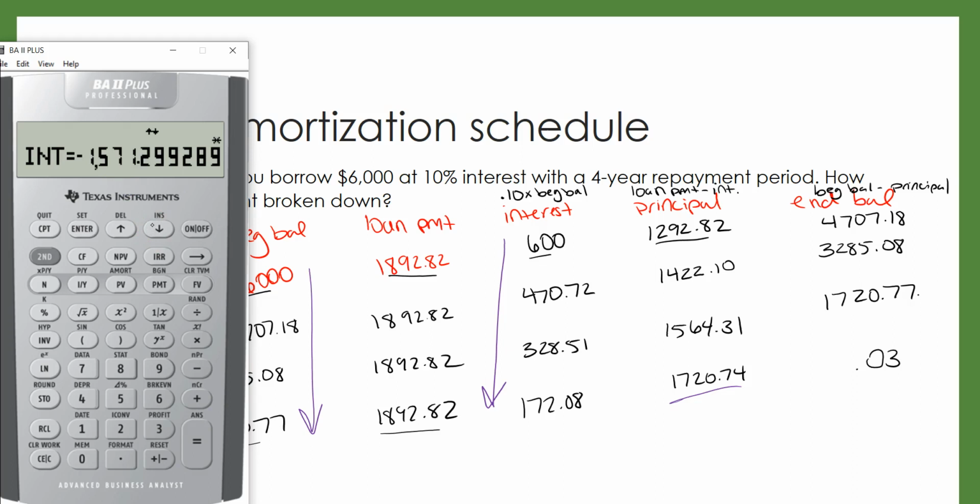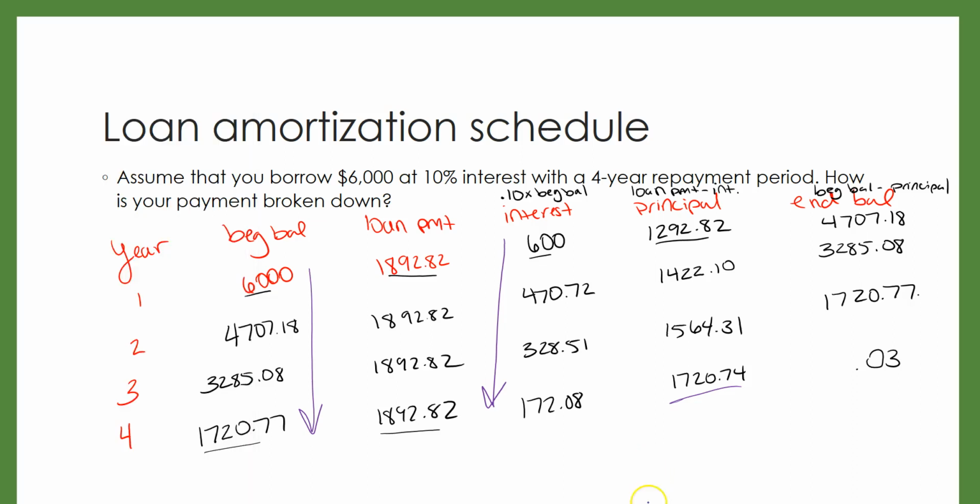And we have paid $1,571.30 in interest, which is the sum of this interest column. That's the amount of interest we've paid over the life of this loan. So it makes it really interesting. It lets you see exactly what you've done and how that affects your loan balance month over month or period over period.